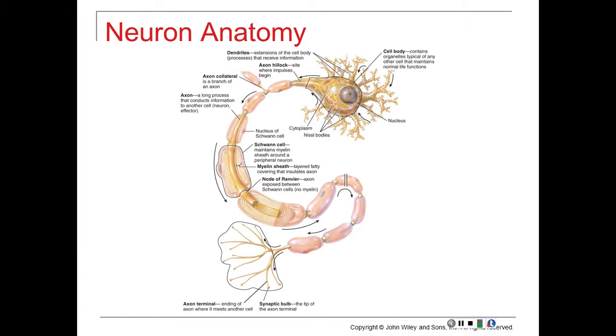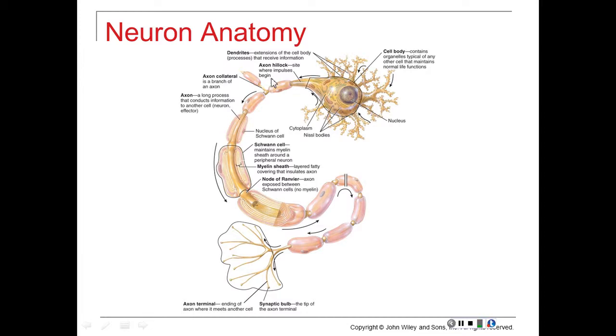An action potential, if you recall from our chapter on muscles, is an electrochemical signal that carries across the cell membrane. So the action potential that's coming from the dendrites is going to cross this cell body, and then it's going to go across what's called the axon hillock, which is the very first segment or beginning part of the axon.